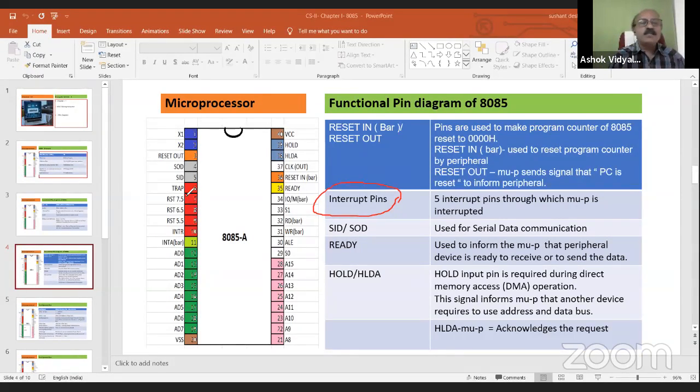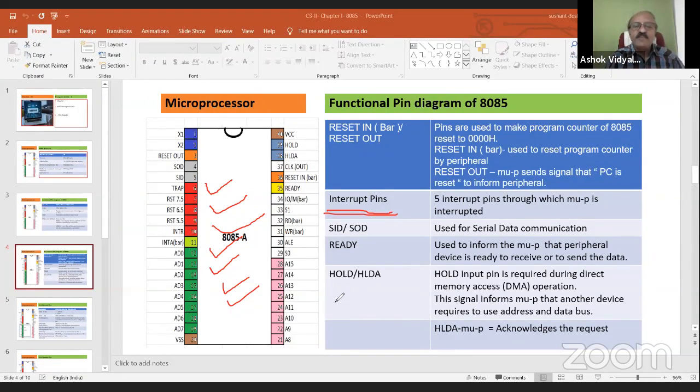Now, these are the interrupt pins. The concept of an interrupt pin is basically a signal which interrupts the microprocessor. Now, the microprocessor is always busy doing some work. Correct? It will not check everywhere whether the data has come or not.